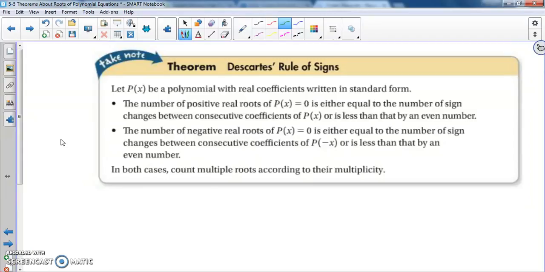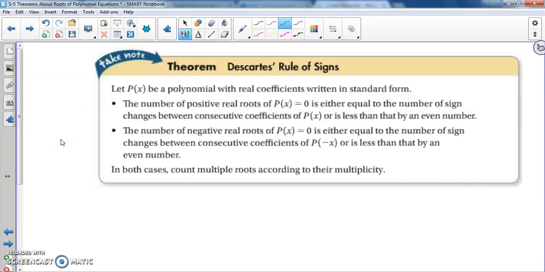So this next theorem is going to be a connection between the roots of a polynomial equation and the positive and negative signs in the standard form. So, Descartes' rule of signs: we're going to let p of x be a polynomial with real coefficients written in standard form. The number of positive real roots of p of x is either equal to the number of sign changes between consecutive coefficients of p of x, or is less than that by an even number.